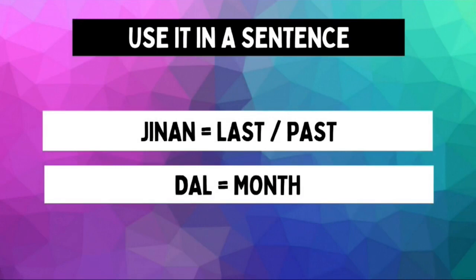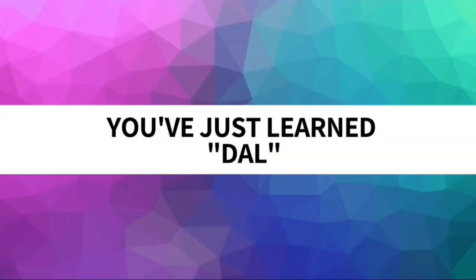And dal is our word for today, and we already know that it means month. So when we say 지난달, it's the same as saying last month or the past month. Again, 지난 is last or past, 달 is month. 지난달 is last month. And with that, you've just learned dal.